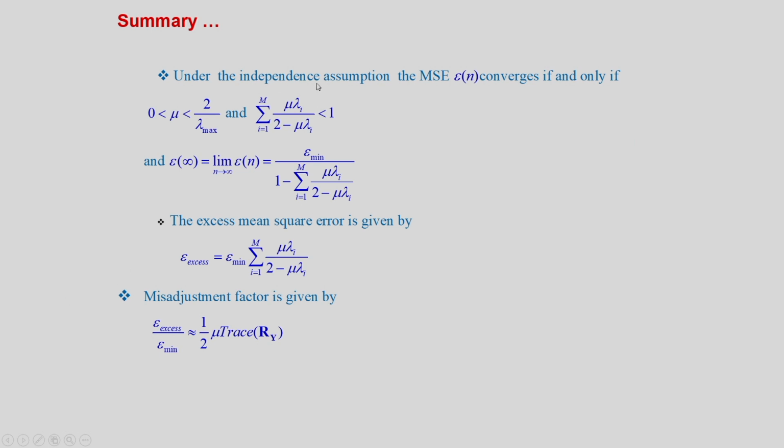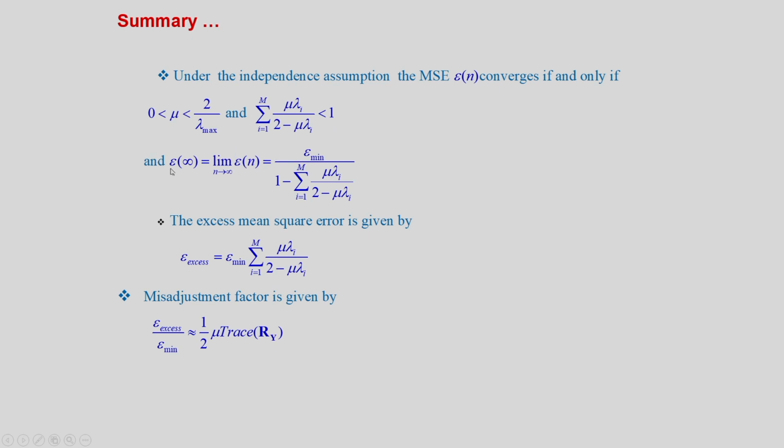Under the independence assumption, the MSE epsilon[n] converges if and only if these two conditions are satisfied. Mu lies between 0 and 2 by lambda max, and this additional condition: summation of mu lambda i divided by 2 minus mu lambda i, going from 1 to m, must be less than 1.